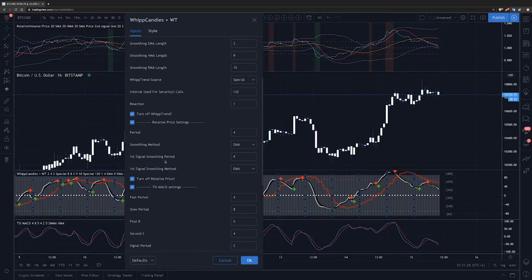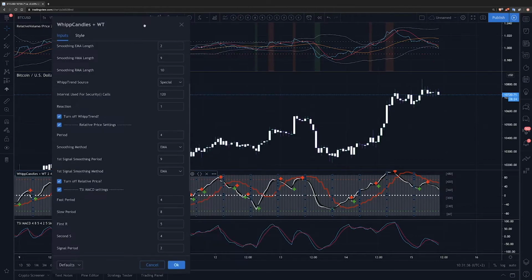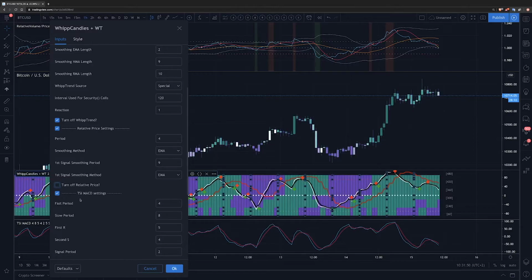What I will show you now is how we can use the different indicators we have on the chart. So whip candles is a calculation of whip trend, which I've just shown you. If we turn on relative price, so we've clicked it off and that turns it on.